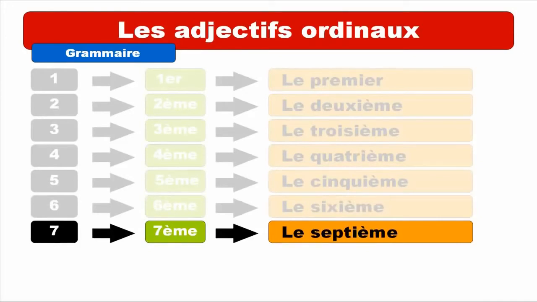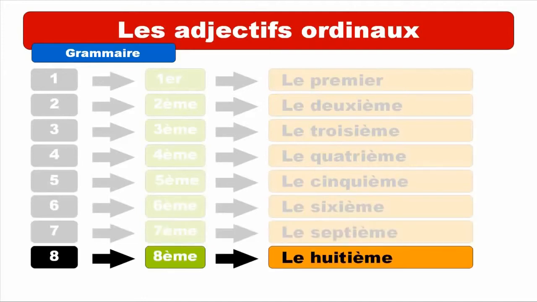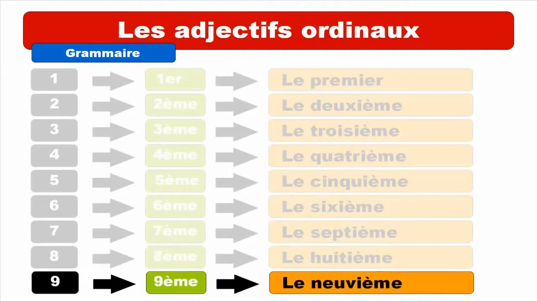And then le septième. Le septième. Keep in mind that you don't pronounce this P, okay? Septième. Alright. Le huitième. Repeat. Le huitième. Okay, as usual, the first H is not pronounced. And then, last but not least, le neuvième. Repeat, le neuvième.